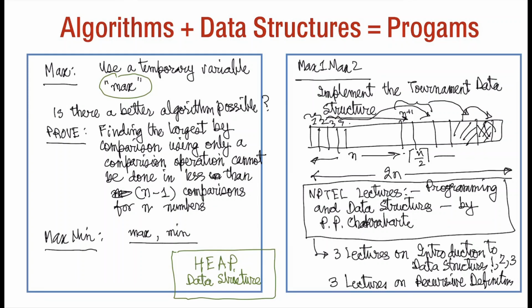In addition to the memory that we have, we need 2 temporary variables, and we need not store all the original values. We can read them 1 at a time or 2 at a time and solve the problem. But for max 1 and max 2, we need to store all the elements. We cannot just read them and throw them away. Then we will not get an efficient algorithm. Then we can get at best the 3n by 2 minus 2 algorithm.